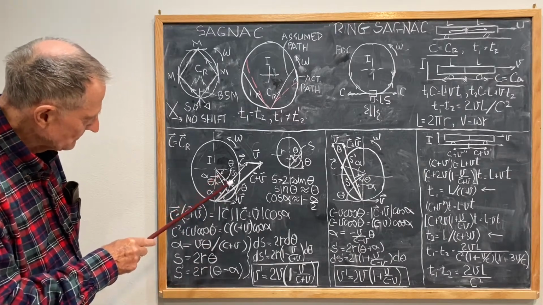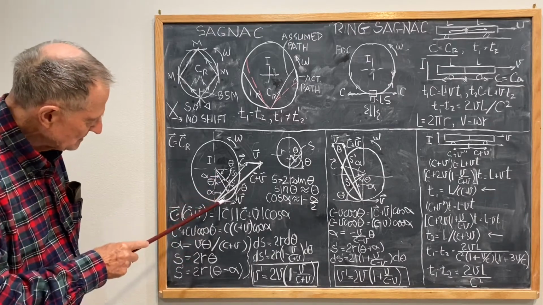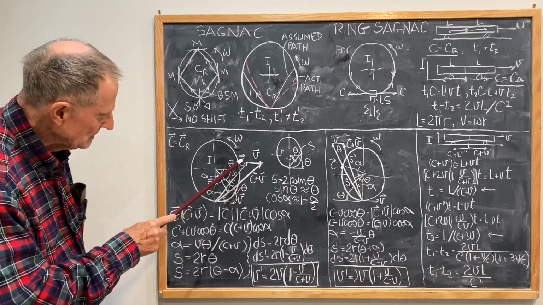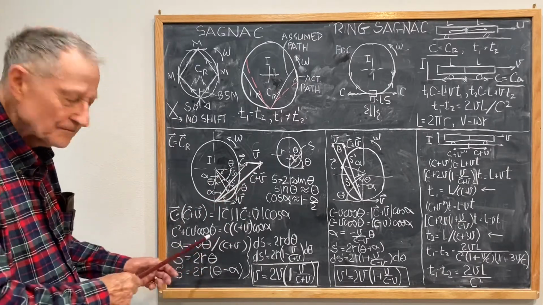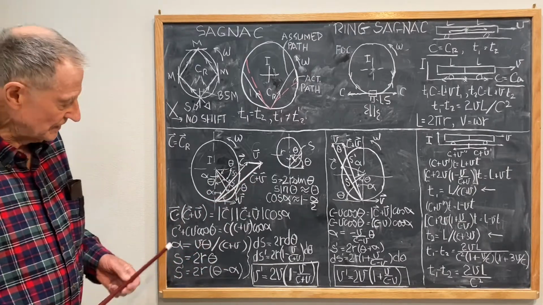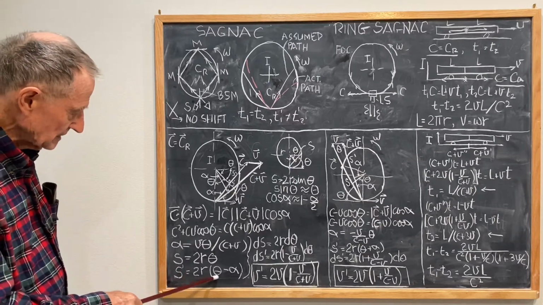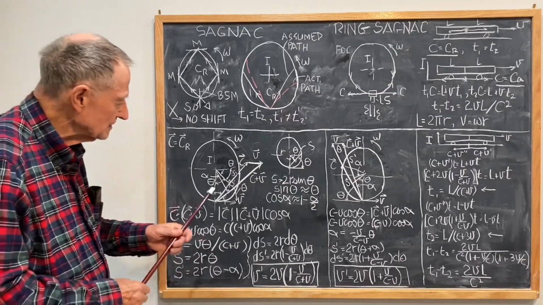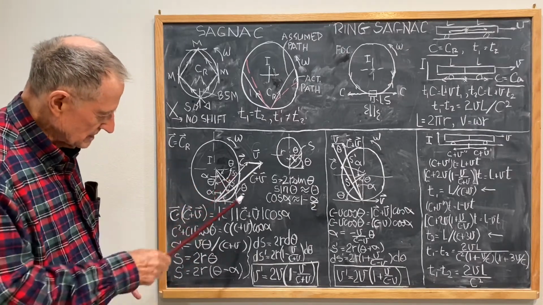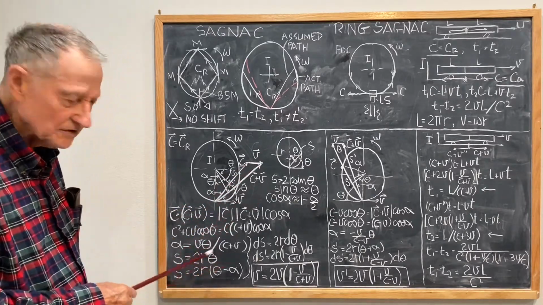This alpha, a little investigation showed that this alpha is the same as the alpha between c and c plus v. And it's these little observations that came together that made this derivation possible. Right. So we have that s prime is 2r theta minus alpha.